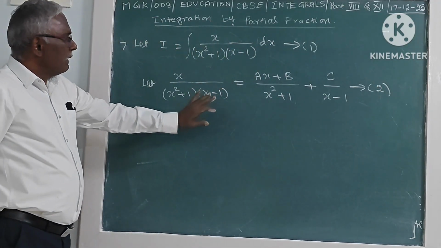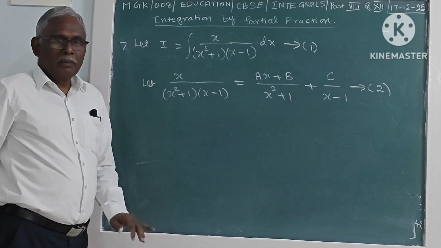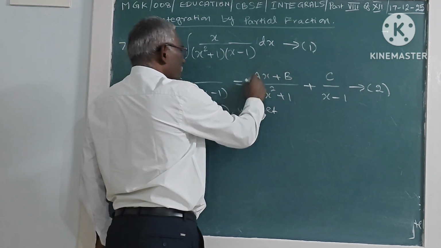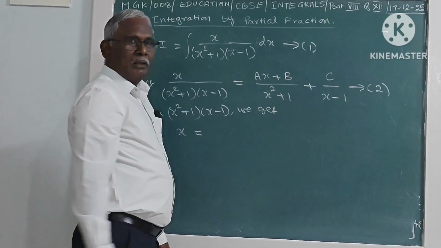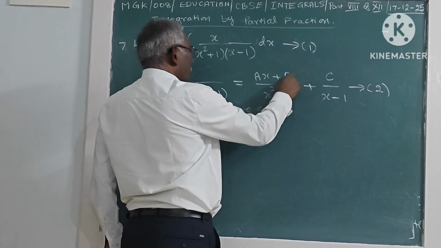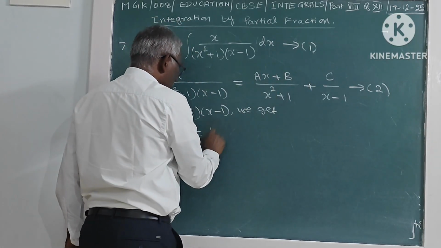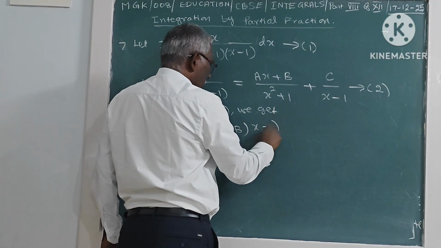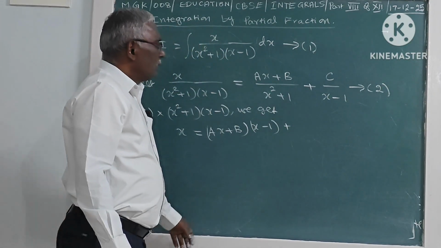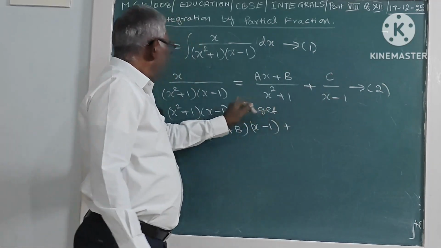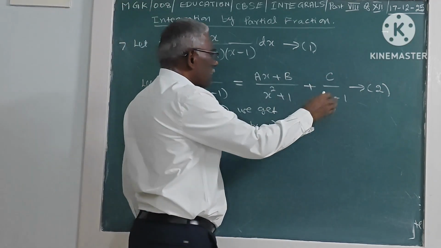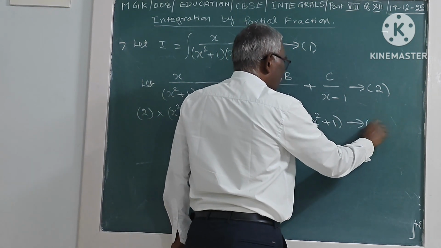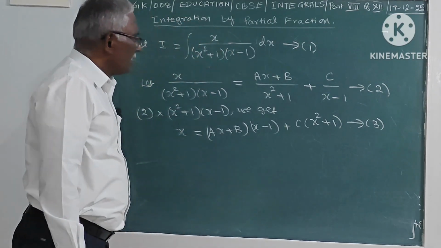Again we will multiply this equation 2 by x square plus 1 into x minus 1. X is equal to, if we multiply this term by x square plus 1 into x minus 1, that x square plus 1 term will get cancelled and we will be getting ax plus b into x minus 1 plus c into x square plus 1, and the x minus 1 term gets cancelled.